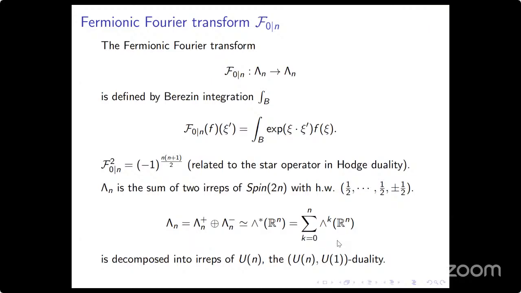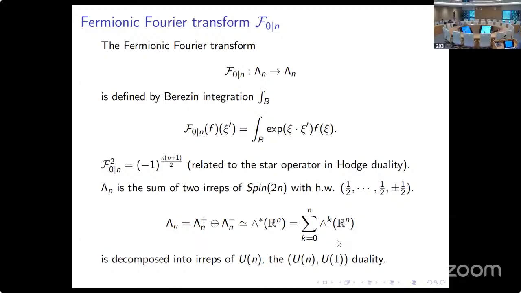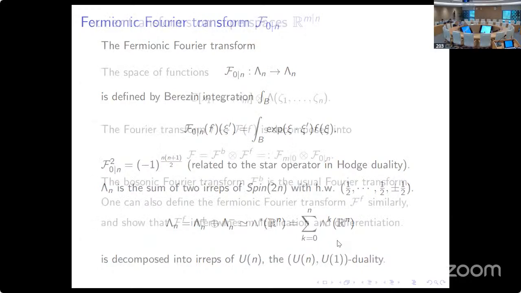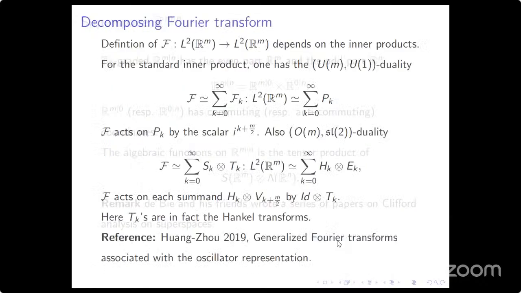I'm asking about the symmetric or anti-symmetric case. Are you asking about the symmetric case or the anti-symmetric case? The exterior algebra. I expect that in the superspace case, we have both symmetric and anti-symmetric. Oh, the symmetric case, no. On superspace, anti-symmetric.